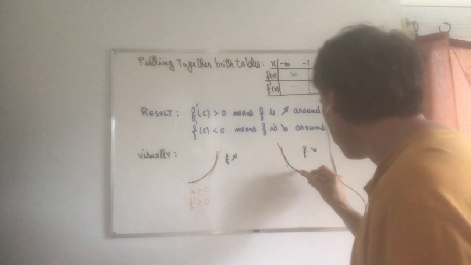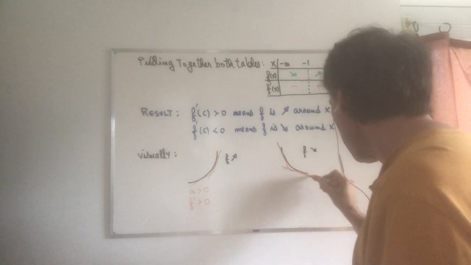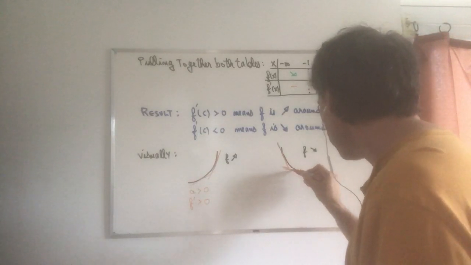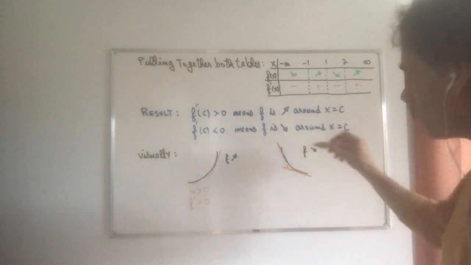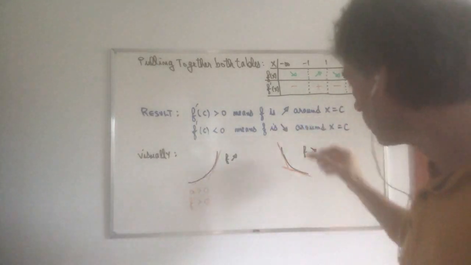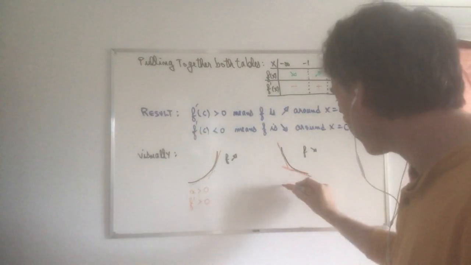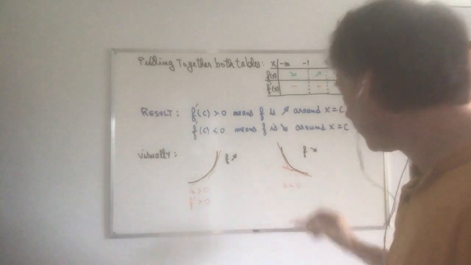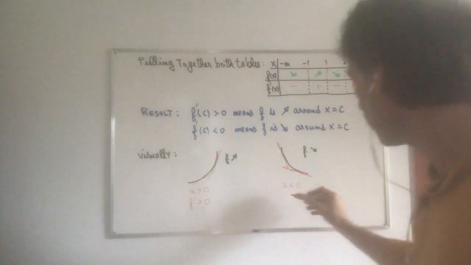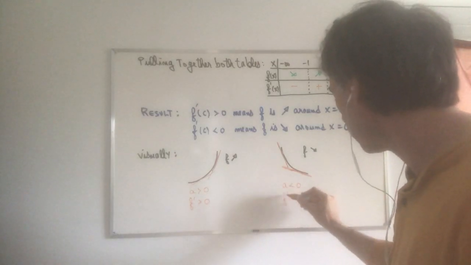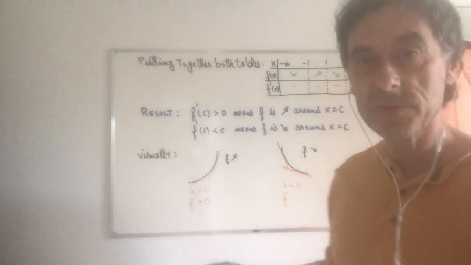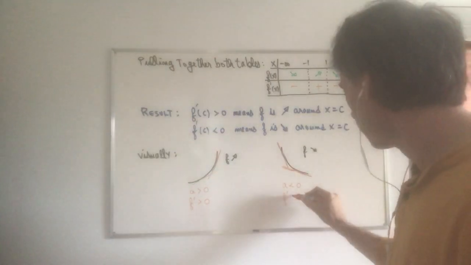Draw another one here. I'm having trouble drawing straight lines, but you can see my point. Those tangent lines are oriented in such a way that their slopes will be negative. And that is associated with, of course, the slope of the tangent line being the derivative. We know that.